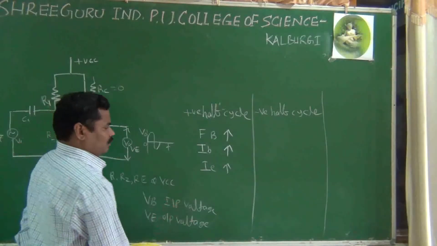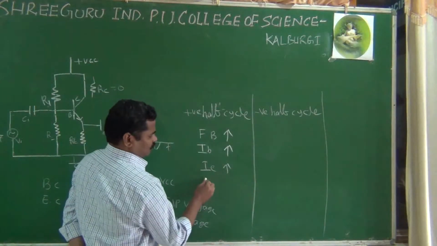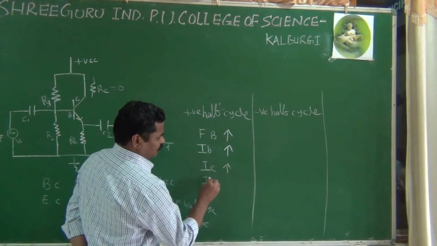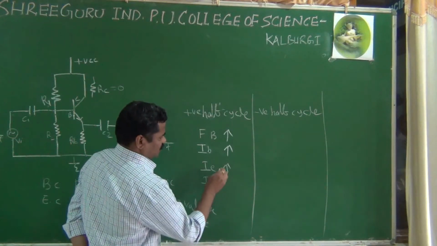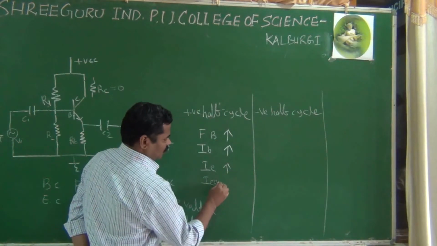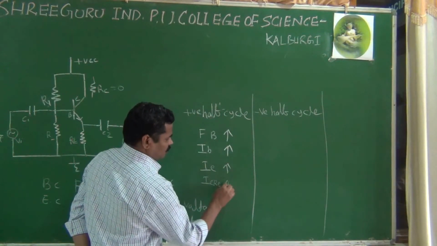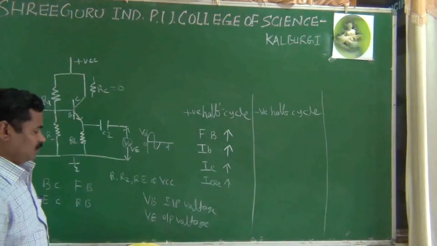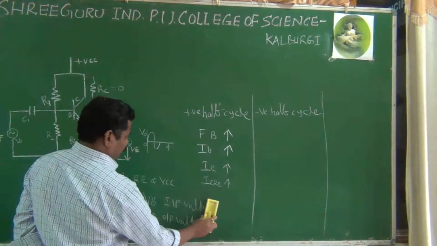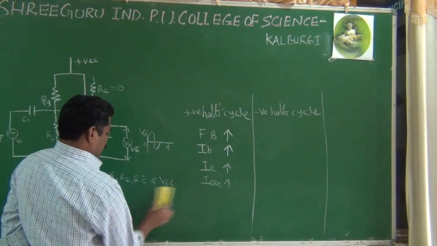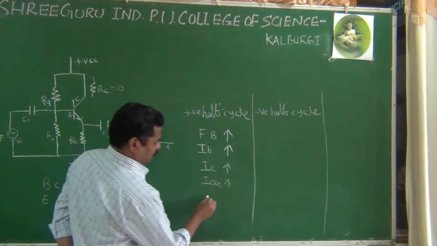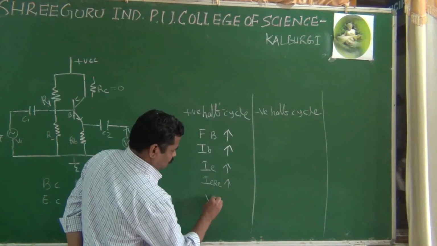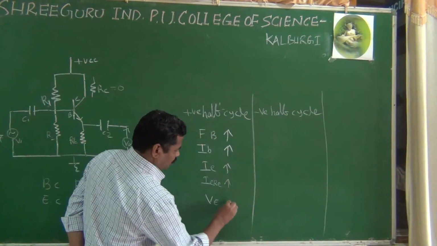And if IE increases, then IE into RE also increases. Finally, the output voltage, that is VE, also increases.